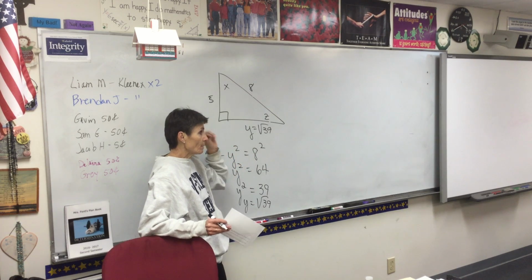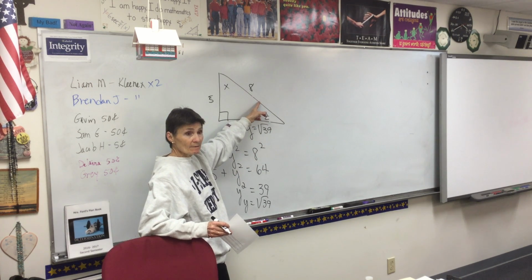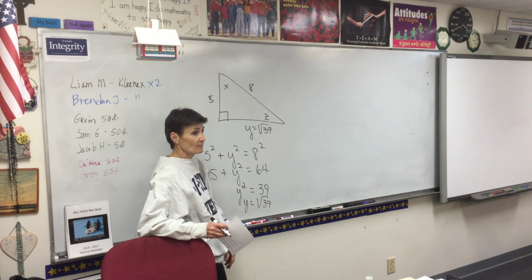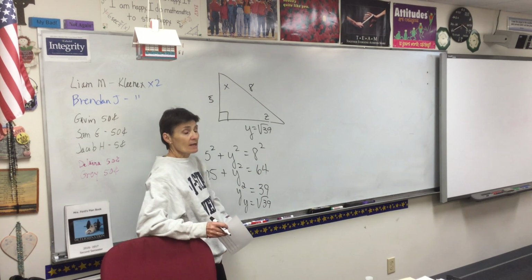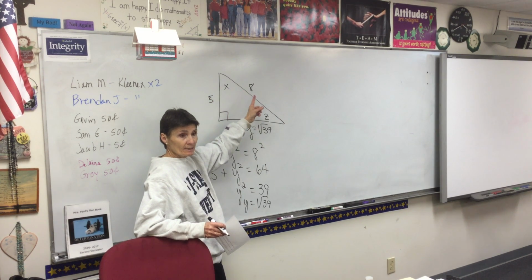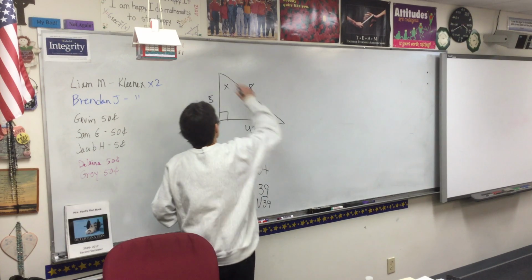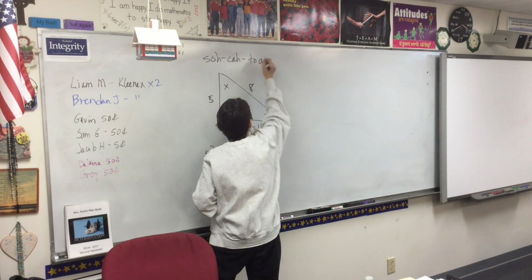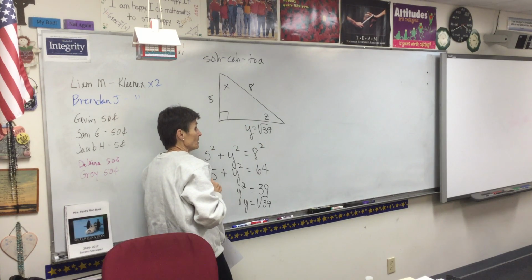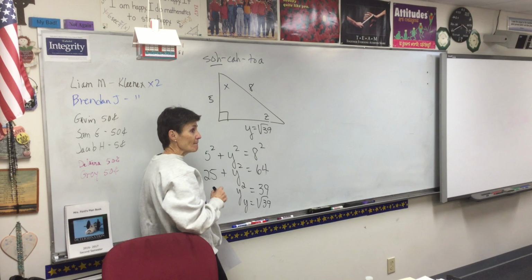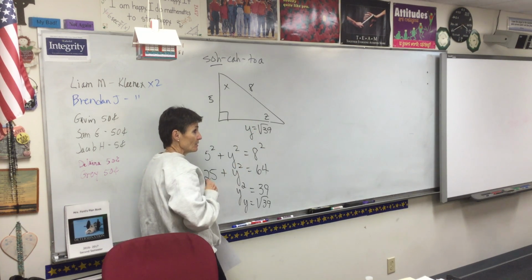I'm going to use the whole number, so I'm going to use 5 and 8. And if I use 5 and 8, then what function is that going to be? That's not tangent. Sine. Why is it sine? Opposite and hypotenuse. Write SOHCAHTOA at the top of your page if you need to, if that helps you. Because as soon as you see SOH, assuming you spell it right, you've got opposite and hypotenuse right there.